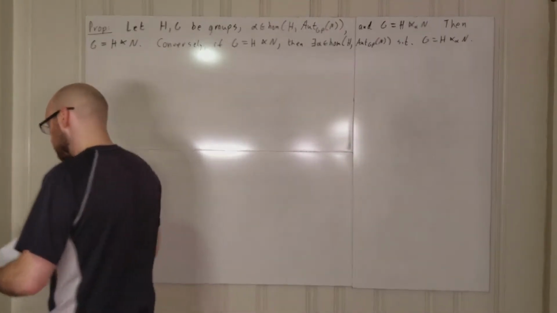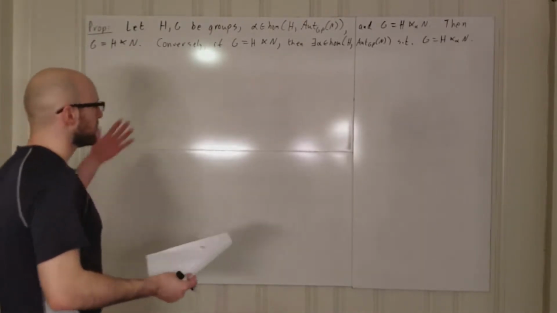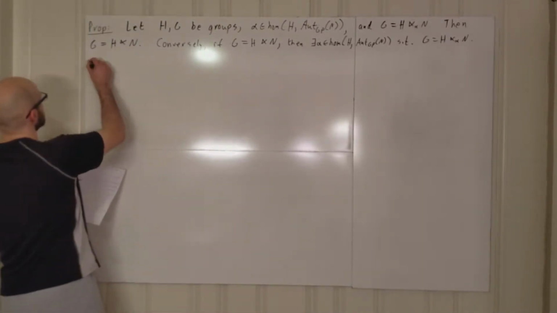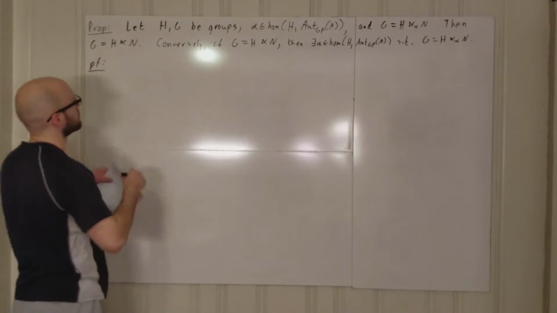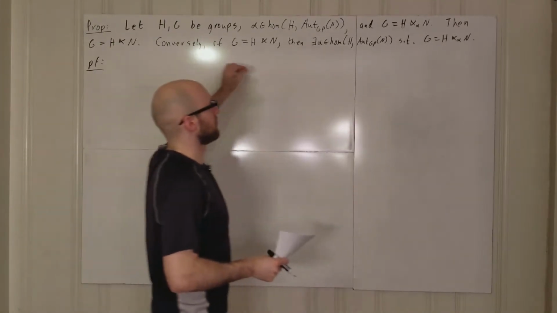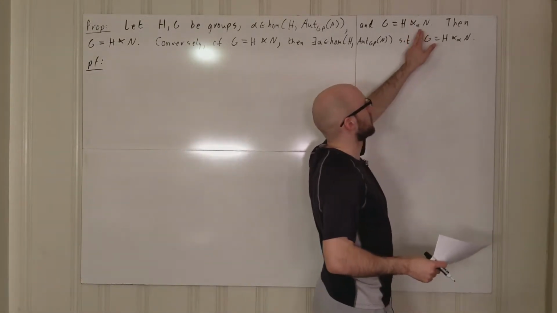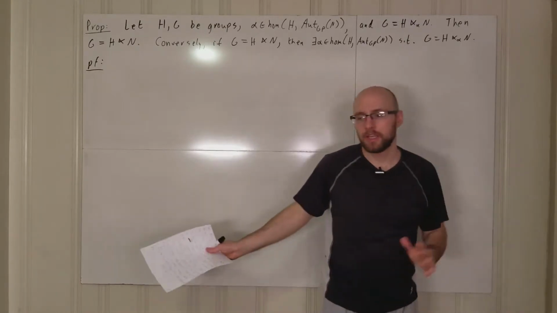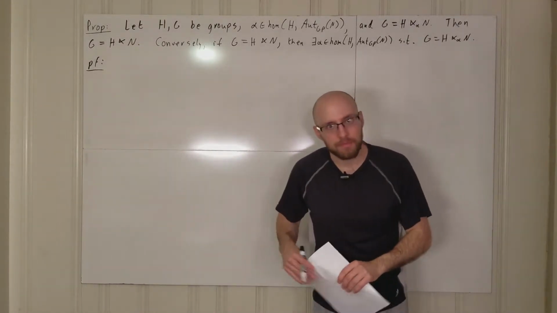And so one thing that we're going to want to keep in mind is that when we're talking about H semidirect product with N and H semidirect product with alpha of N, these sets look the same set-wise.